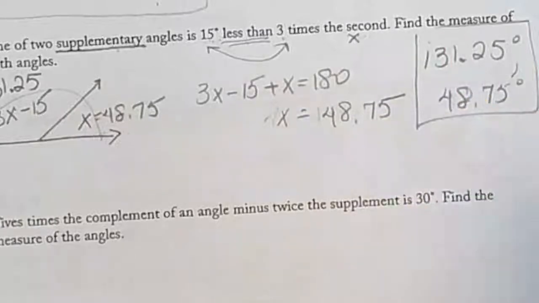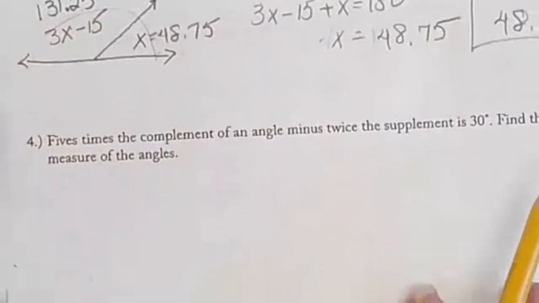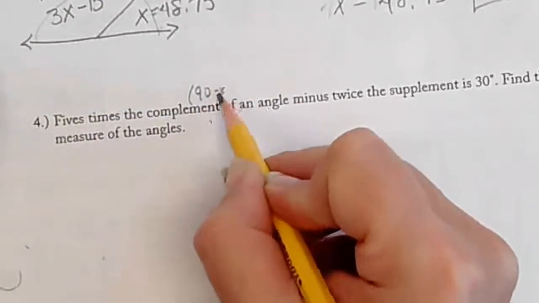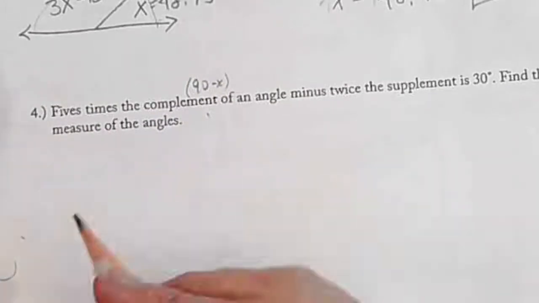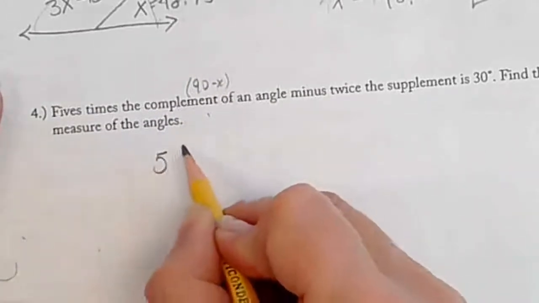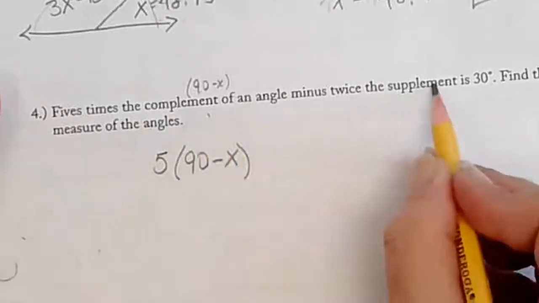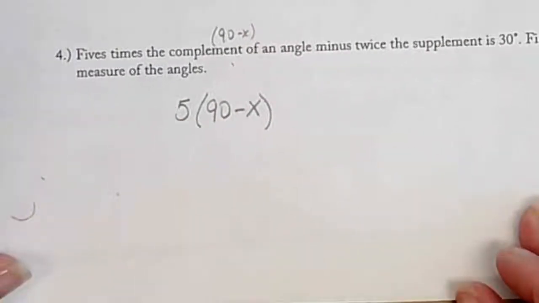5 times the complement. Oh, as soon as I go back to the complement, that's 90 minus x. So 5 times the complement, 5 times 90 minus x. Oh my goodness, they go on to say supplement. There's a whole lot happening here. Let's pause for a moment. My first angle is x, because we're going to be referring to x.